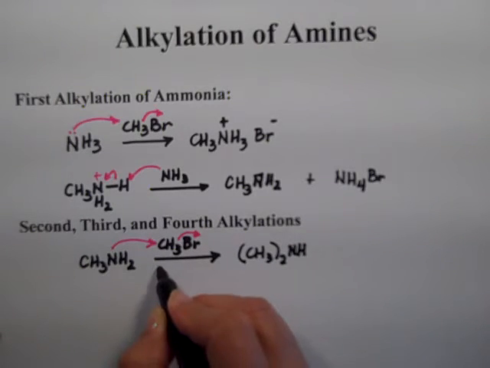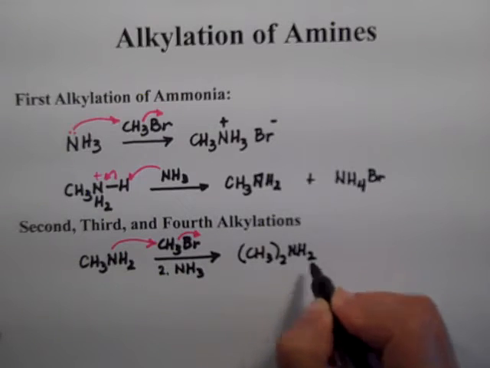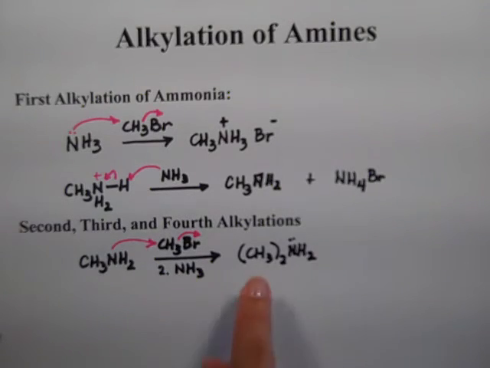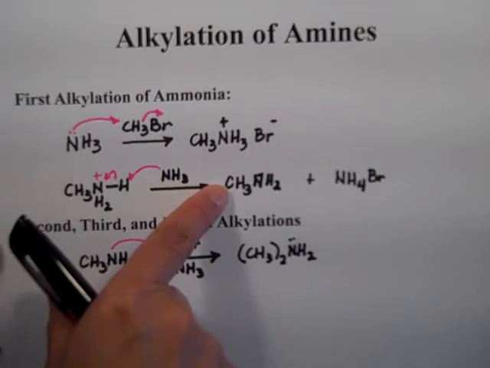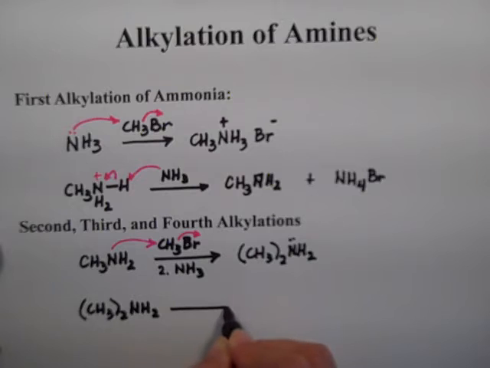I'm going to go ahead and deprotonate right there, because now this one has 2 methyls, so it has 2 groups donating to the nitrogen, so the dimethylamine is more nucleophilic than the methylamine. So we're going to add a 3rd carbon, a 3rd methyl group onto it.